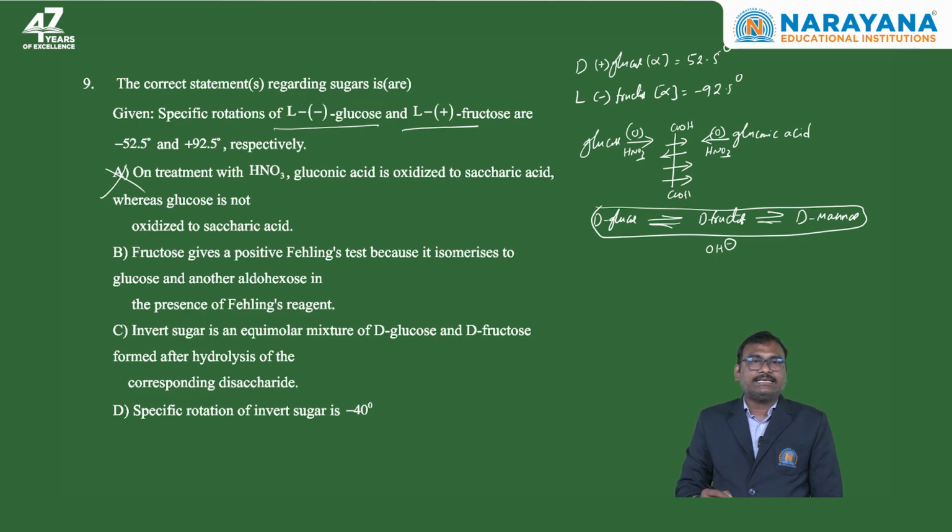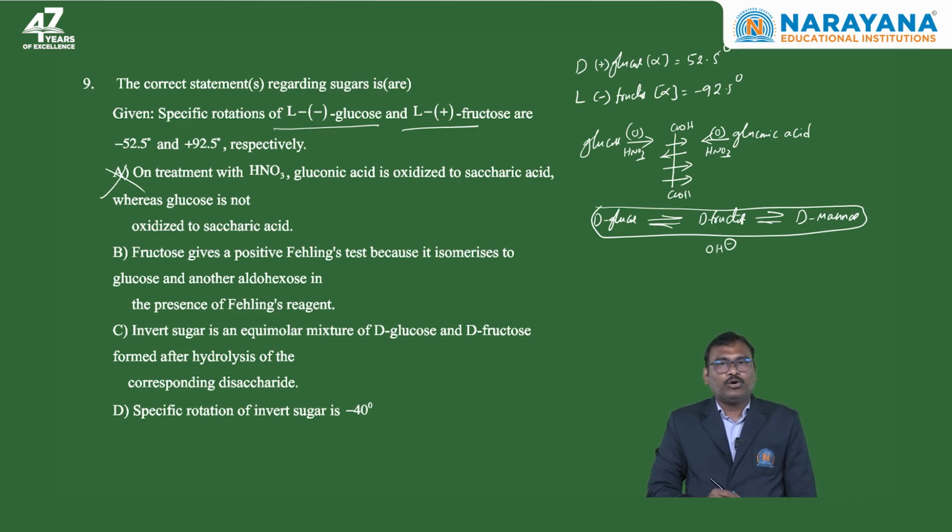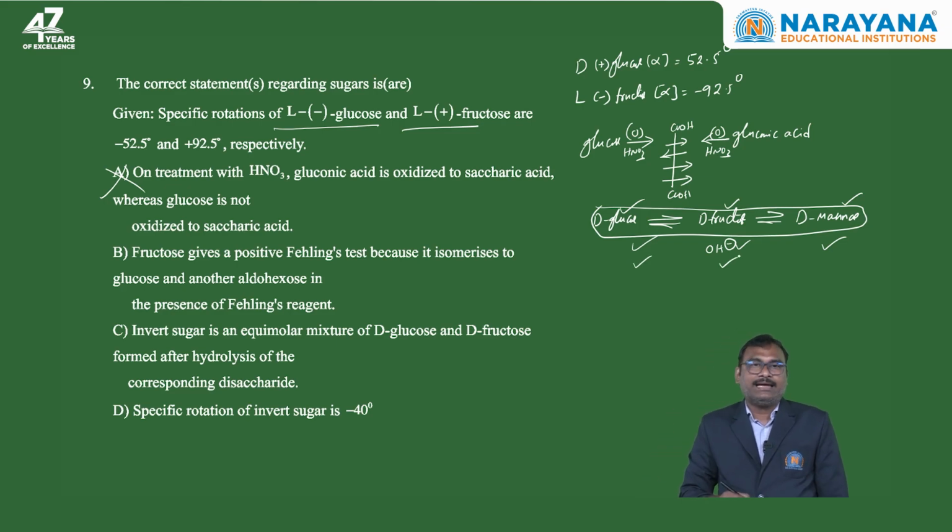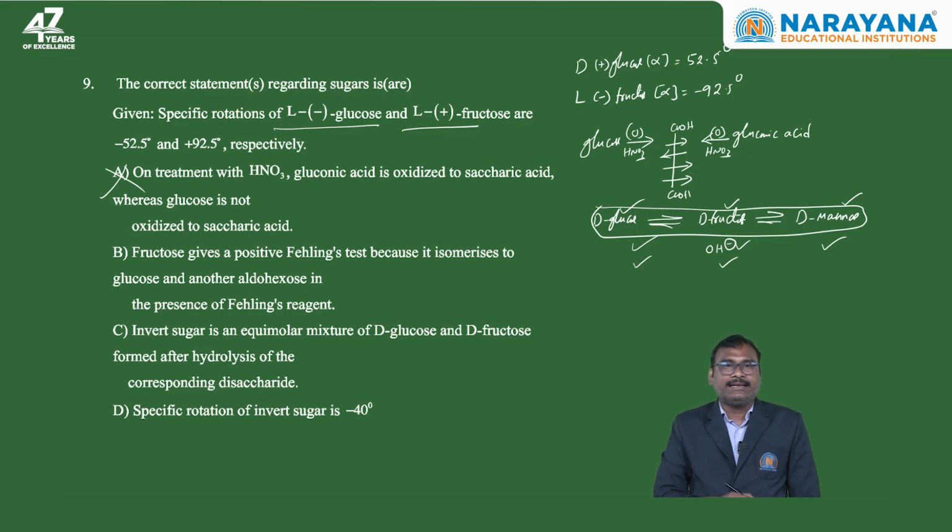Fehling's reagent or Tollens' reagent, both have an alkaline medium which isomerizes them together. If I take fructose, it forms glucose and mannose also. If I take glucose, it forms fructose and mannose also. If I take mannose, it can also form D-glucose and D-fructose. We call that the Lobry de Bruyn–Alberda van Ekenstein rearrangement. Because of that reason, fructose gives the Fehling test even though it has the ketonic functional group.